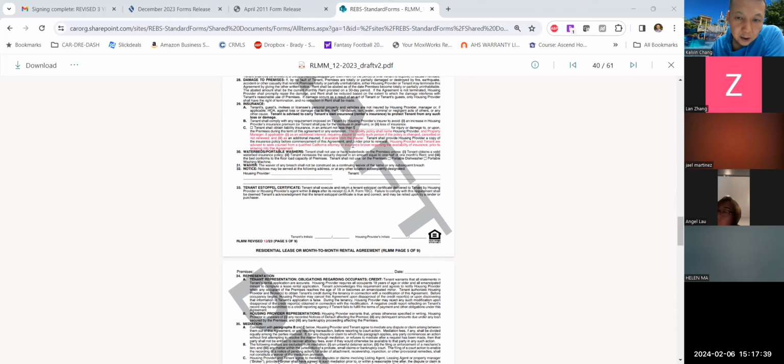So it's good to have the client obtain liability insurance or renter's insurance, okay, to protect their personal property.